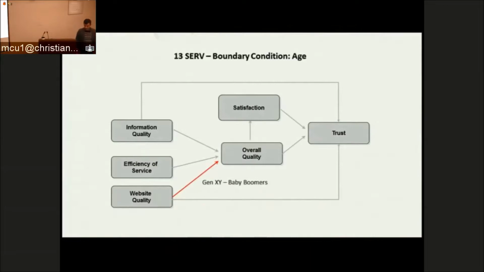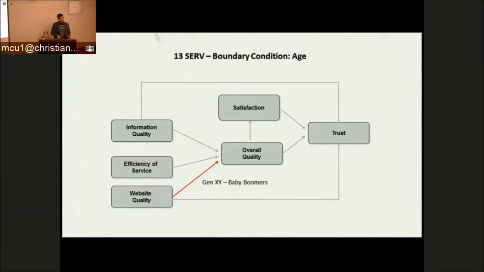The first path that I found different when I looked at age is the website quality and overall quality link. Generation X and Y places a much more premium on website quality than baby boomers. So it seems website quality matters more for younger people than for older people. Now, this is what the data are telling me.